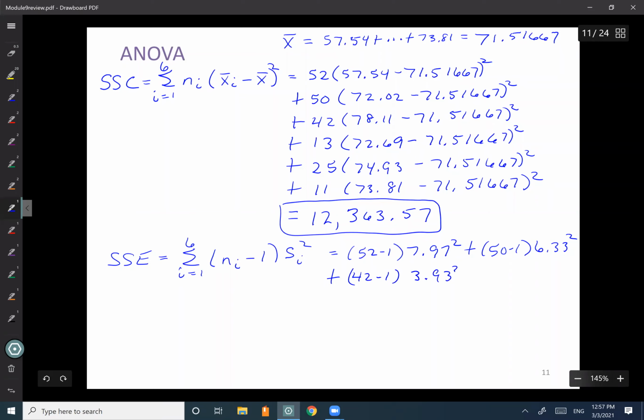3.93, and this is all coming, by the way, from the data on slide 4, right? All of these values are coming from slide 4. Plus 13, subtract 1, times 5.37 squared, and that's 42, 13, now 25, subtract 1, times 4.13 squared, plus 11, subtract 1, times 3.26 squared.